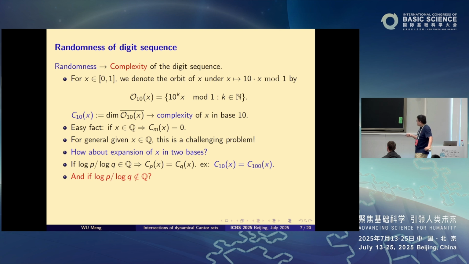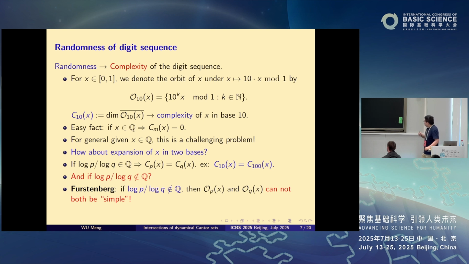Then in this direction, Fürstenberg in the late 60s had some very insightful conjecture about numbers in independent bases.